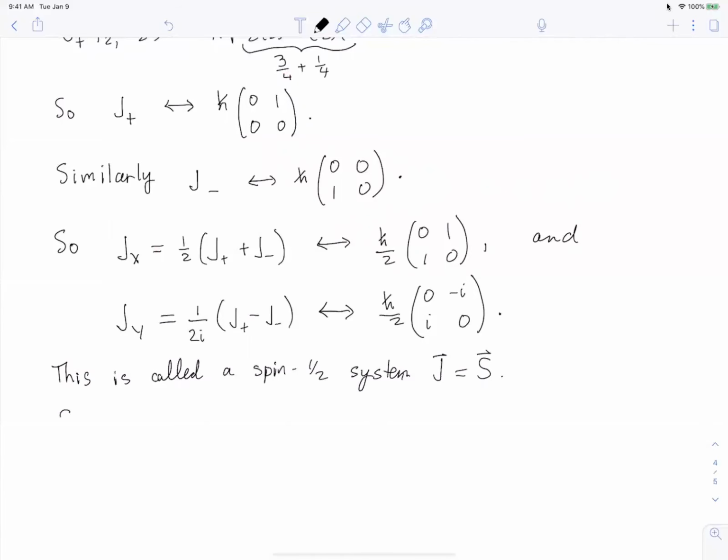And we write S sub Z. I'm just going to write an equal sign here. Many books don't distinguish between the operator and its matrix representation. So temporarily, I will follow that. S sub Z is h bar over 2, 1, 0, 0, minus 1. S sub X is h bar over 2, 0, 1, 1, 0. S sub Y is h bar over 2, 0, minus i, i, 0.